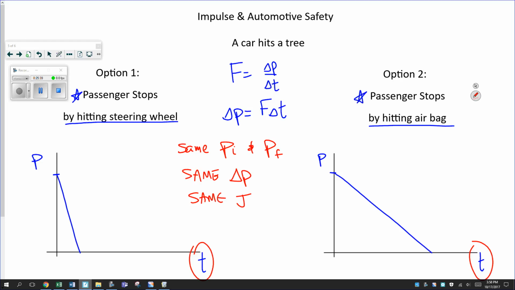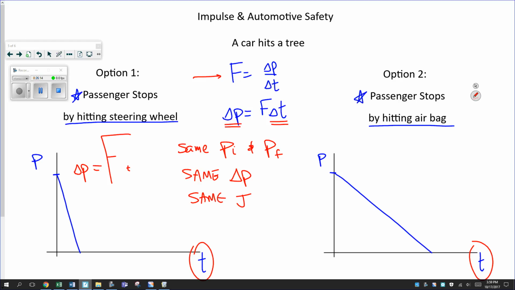And why is that? Well, the answer lives right here, right? If we want to get the same impulse, it can happen in lots of ways, because force can be applied for lots of different amounts of time. In the case on the left, to get a certain impulse, delta P, we get a relatively short amount of time, which means a relatively big force is required.